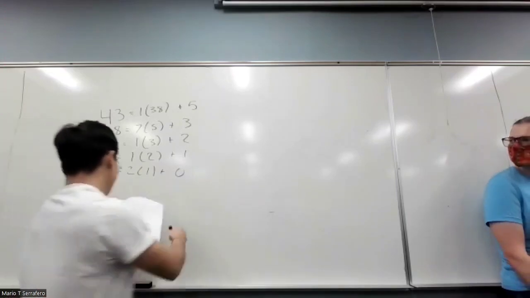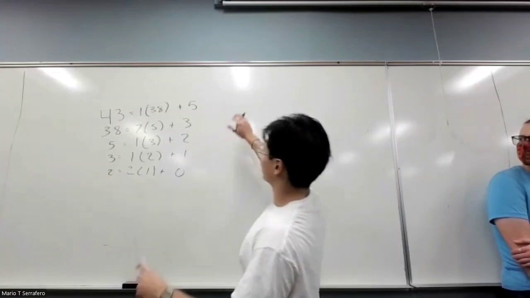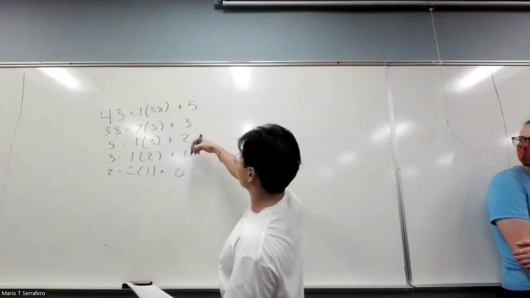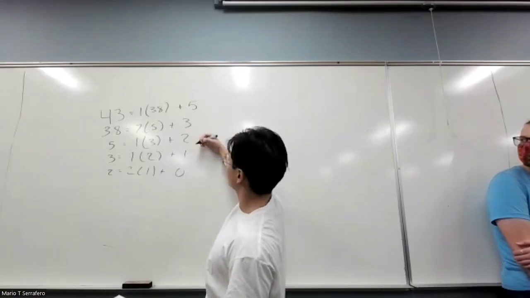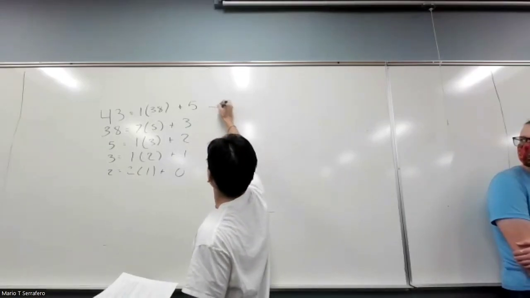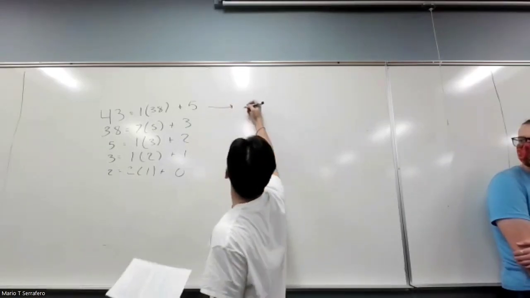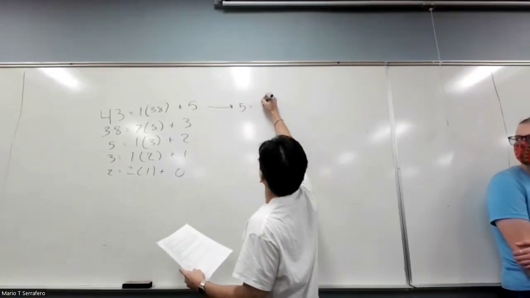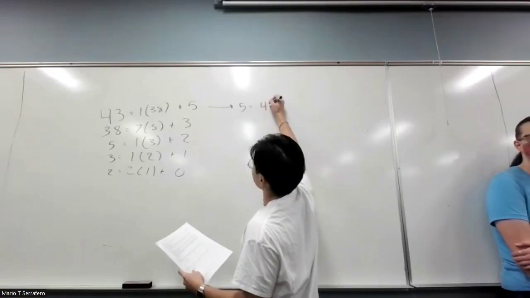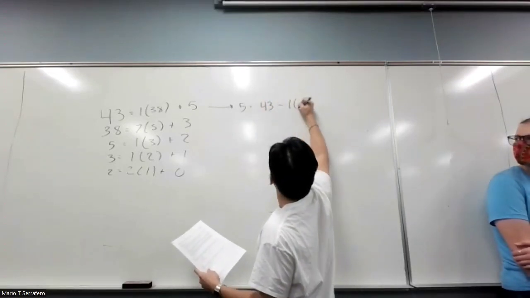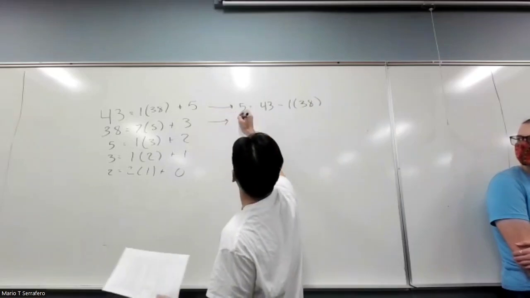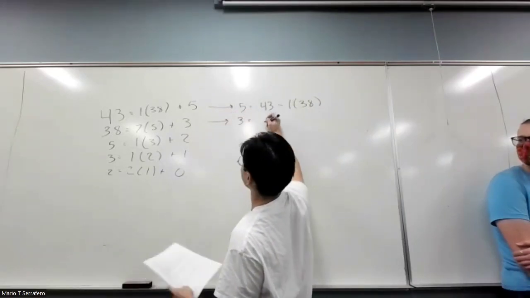Okay, so what I like to do when I see this: these are the remainders over here, right? So what he was talking about earlier, like how can we get 5? I couldn't really follow, sorry. That's okay. So I just have 5 equal to 43 minus 1 times 38. You don't need all of these, but I like to do this for every problem just in case I need them.